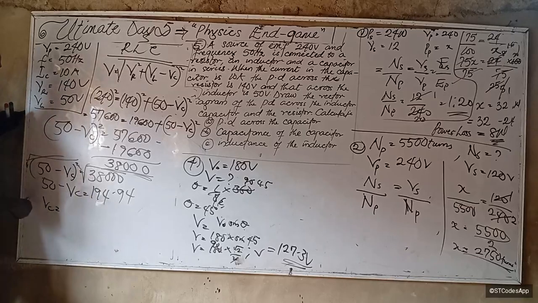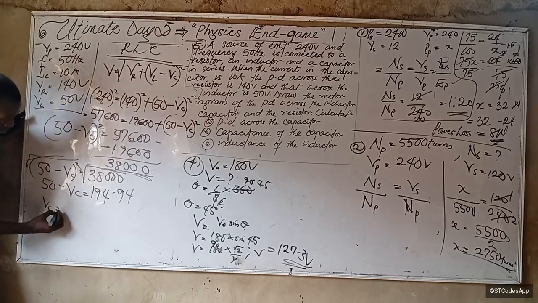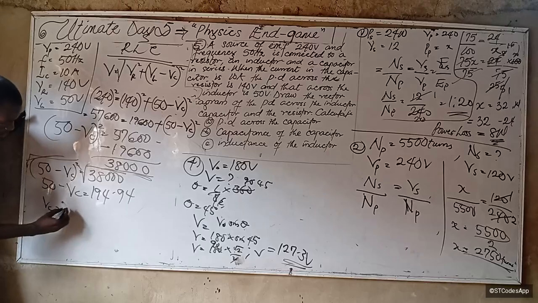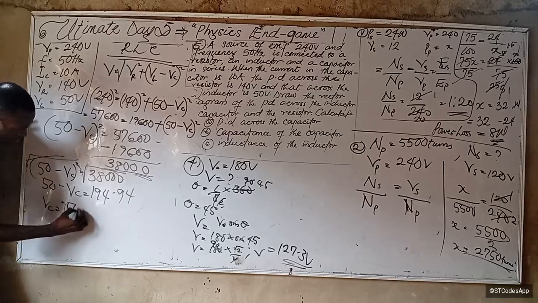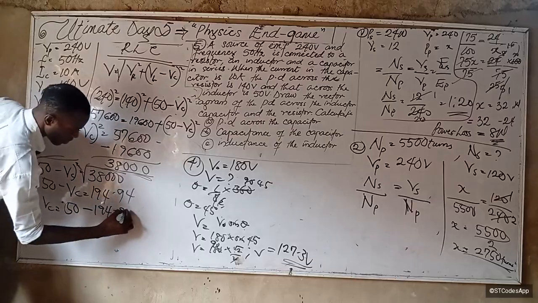So V sub C will now be equal to, let's calculate first, 50 minus 194.94.